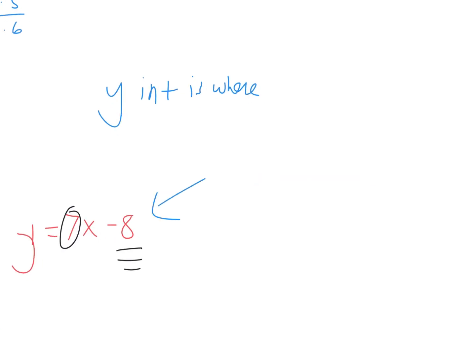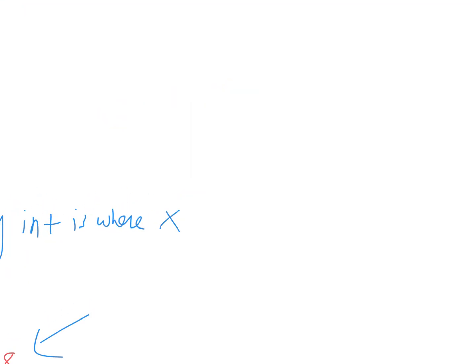The y-intercept is where... Now you might be like, I know where it is, it's there. Nope. That's not always where the y-intercept is. The y-intercept is where x equals 0.